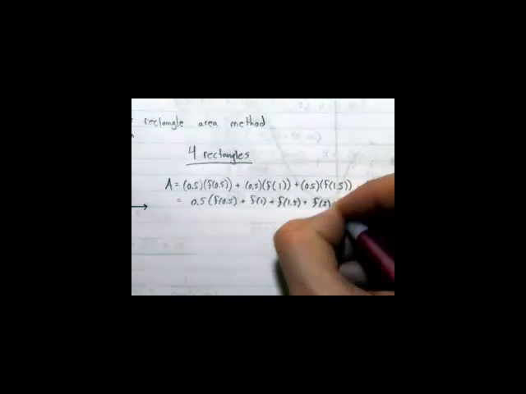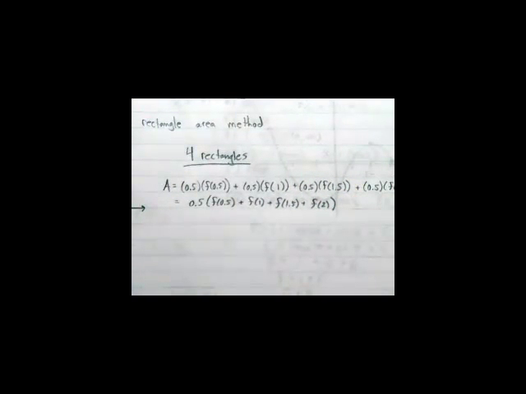And you get this. And this is how you guys are going to be doing this in practice. Okay? No matter how many rectangles you have, this will always work. Whatever the width of the rectangle is, you got to figure that out first. But whatever that width is, that gets multiplied in front, and then it's the height of each one of those rectangles that you're adding together. Okay?